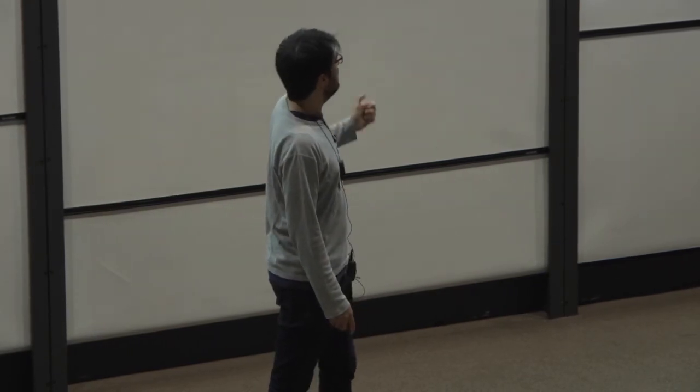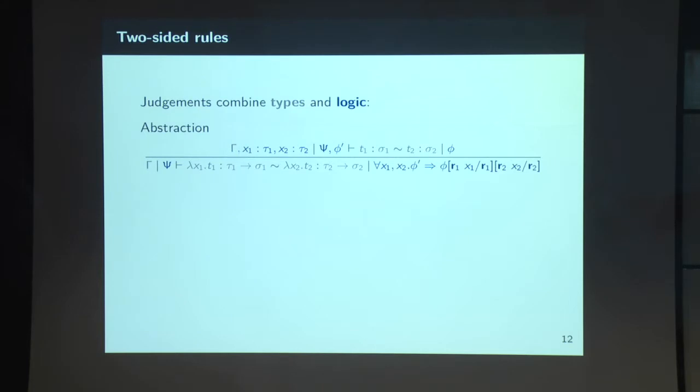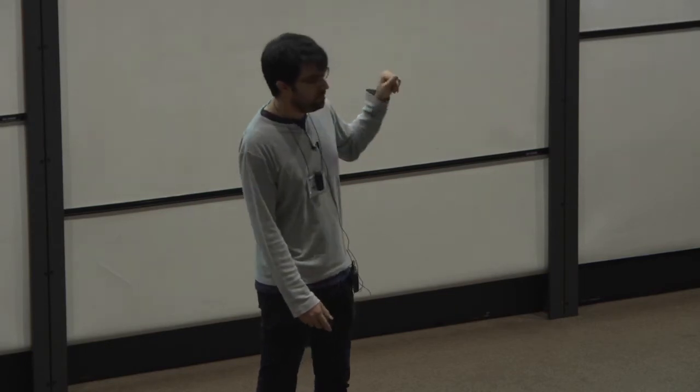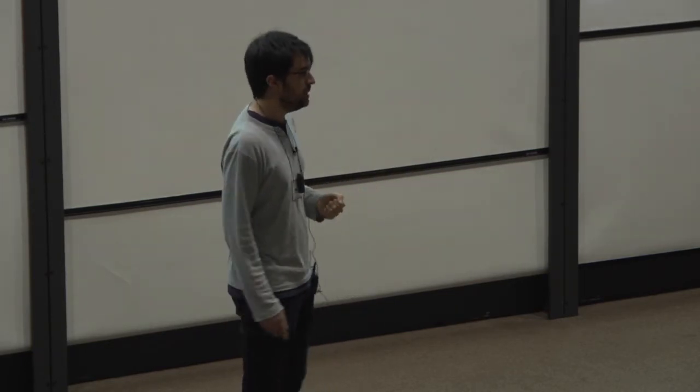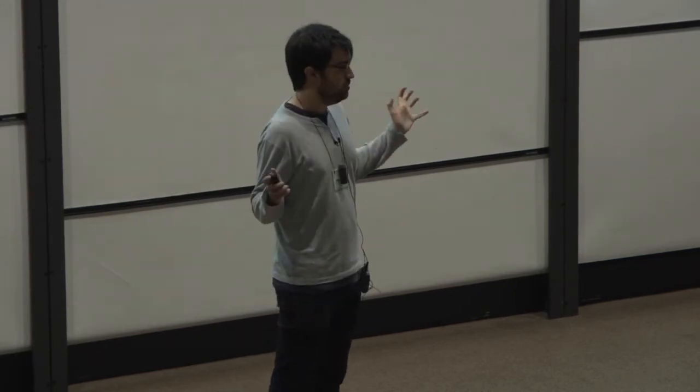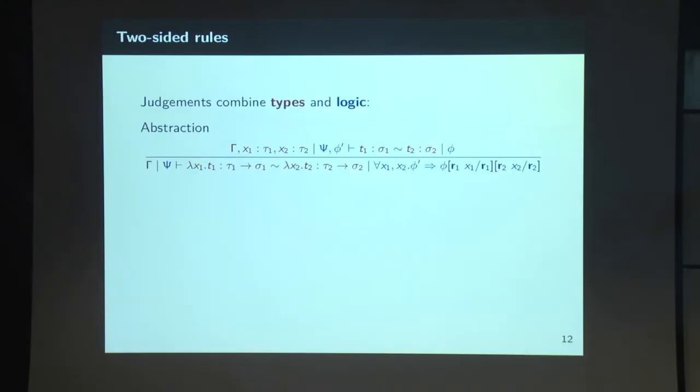If from the premise that x1 and x2 are related by phi prime, you can conclude that t1 and t2 are related by phi, then you can see lambda x1 t1 and lambda x2 t2 as two functions with the precondition phi prime and the postcondition phi. In this case, the pre and postcondition are relations instead of usual predicates. We put these two parts together and we get our abstraction rule.